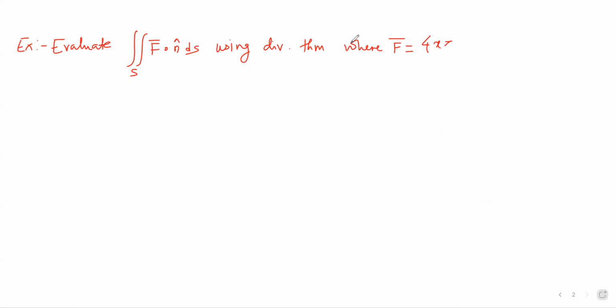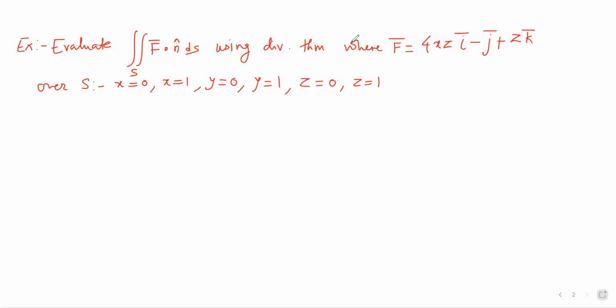So the example is: evaluate the double integral of f bar dot n cap dS over the surface using the divergence theorem, where f bar is say 4xz i bar minus y j bar plus z k bar, over the surface S, which is x equal to 0, x equal to 1, y equal to 0, y equal to 1, z equal to 0, and z equal to 1.